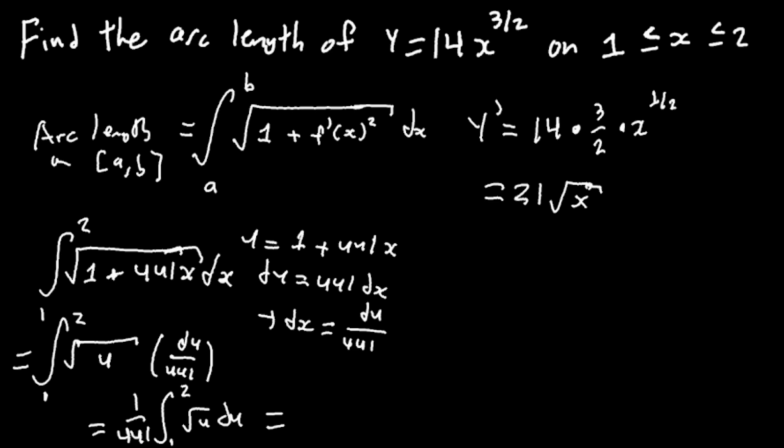Since u is 1 plus 441x, as soon as you change it to be in du, you need to change your bounds. So 1 plus 441 times 1, that's just 442. And for the other one, it'd be 882 plus 1, so 883.